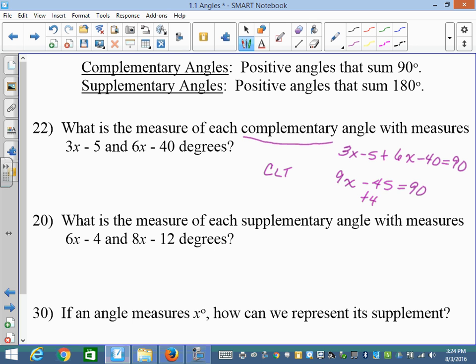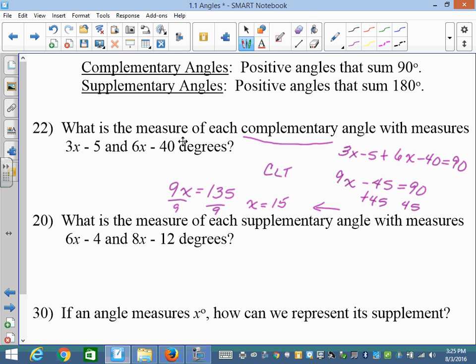Add 45 to both sides, and we get 9x equals 135. Divide both sides by 9, and we get x equals 135 divided by 9. We get x equals 15.